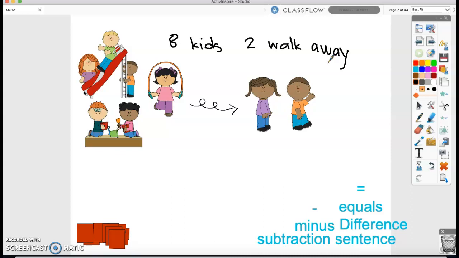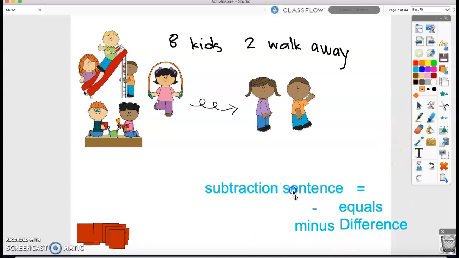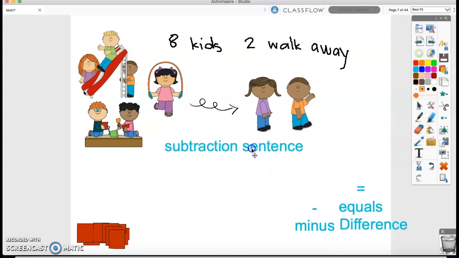So I'm going to use a number sentence. And in this case, I use a subtraction sentence. And I'm going to start with how many I have all together. We started with 8 kids all together. And since 2 walk away, we're going to subtract, and this is called a minus sign.